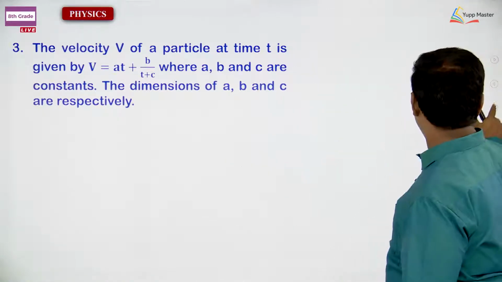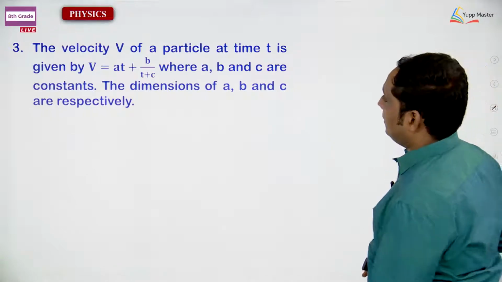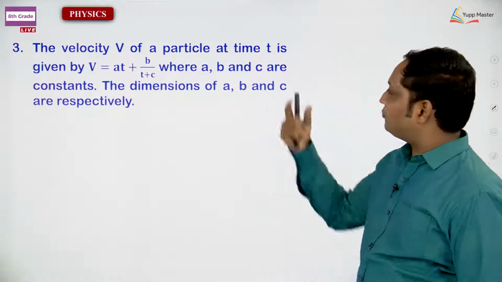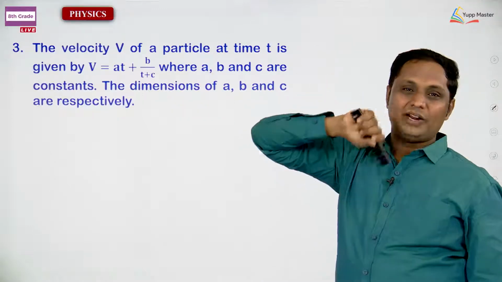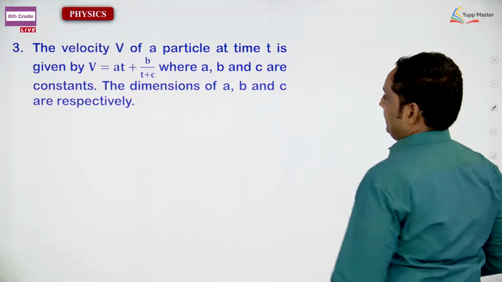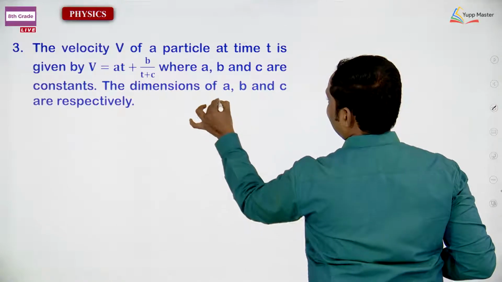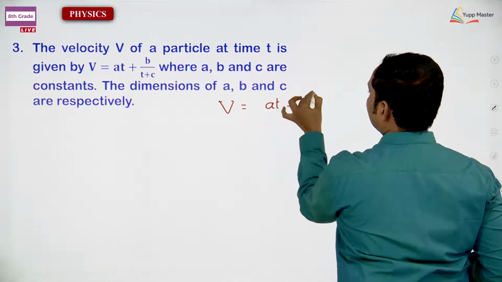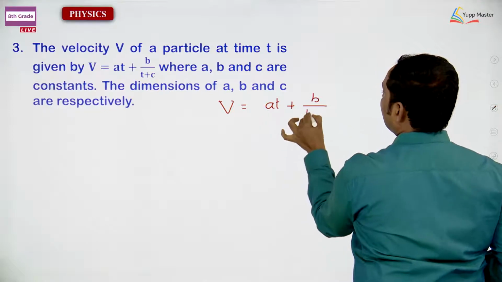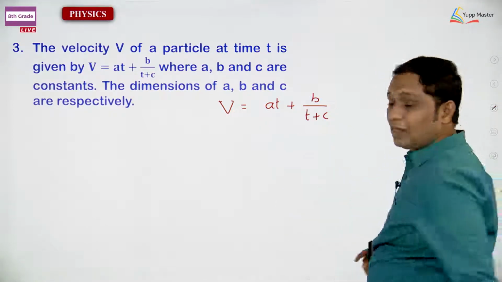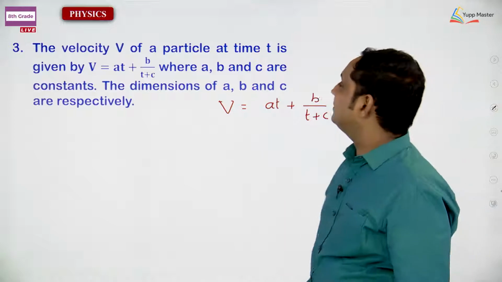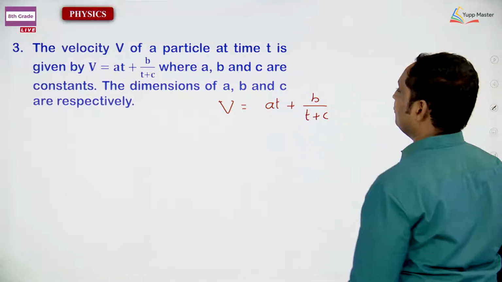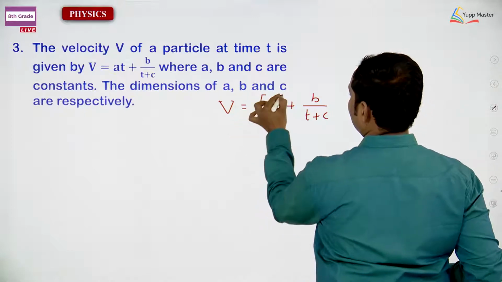Okay, what they have given is an expression related to velocity. You can take V is equal to AT plus B by T plus C. V can be expressed as a summation of these terms.